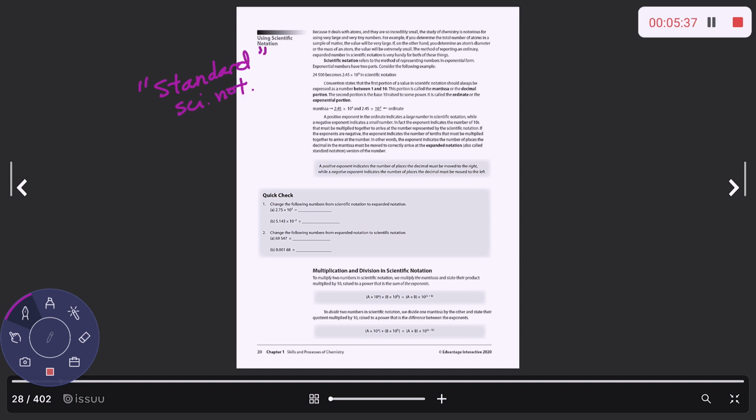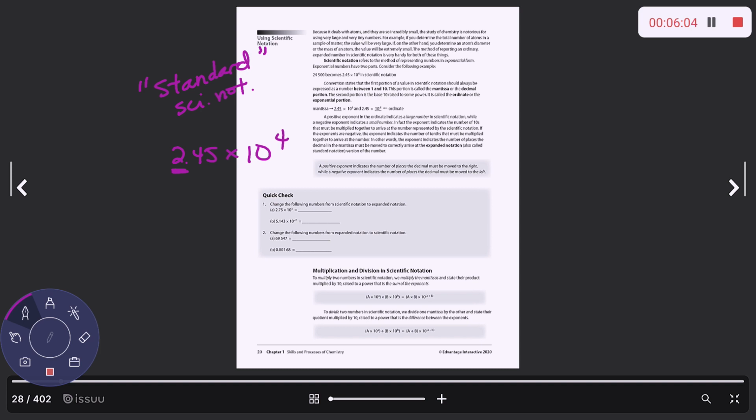Okay, they often omit the word standard when they're talking about scientific notation, but I'm not going to here because I need you to understand that if you have a really small number or a really large number, when you report it using scientific notation, it has to be standard. That means you will have one non-zero digit to the left of the decimal. So if you're using something like this, this is one non-zero digit to the left of the decimal. Okay, that would be standard scientific notation.